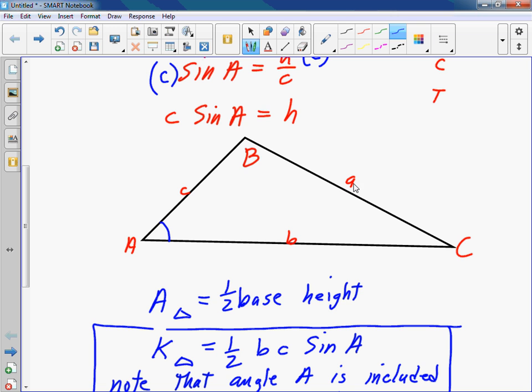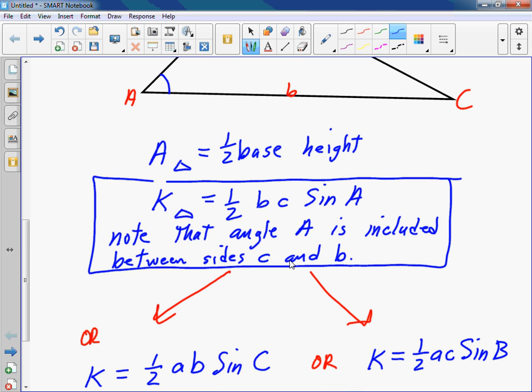If I know two sides and the included angle, I can just go 1/2 this times the sine of this, and I'm good to go. Questions on that?